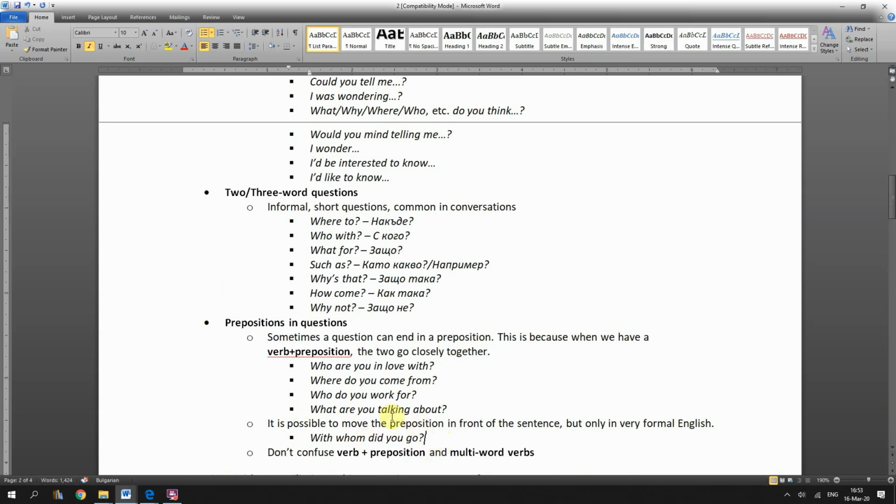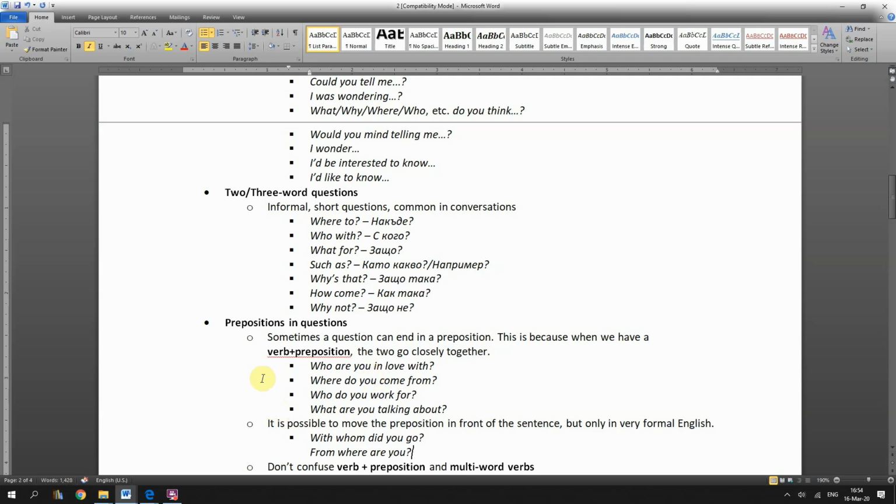So I can say, for example, from where are you? But this is very formal. And if you say the question like this, you risk doing a very common mistake, from where are you from, which is wrong.